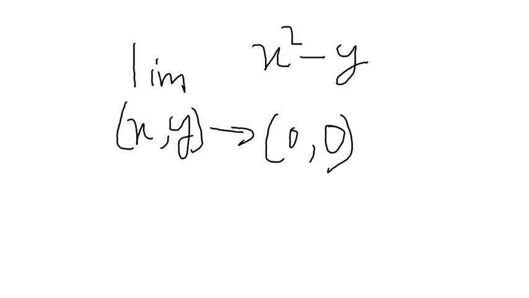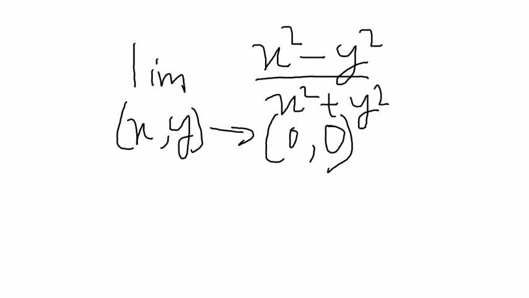So let's say we have the limit as (x, y) approaches (0, 0) of (x squared minus y squared) divided by (x squared plus y squared), right?